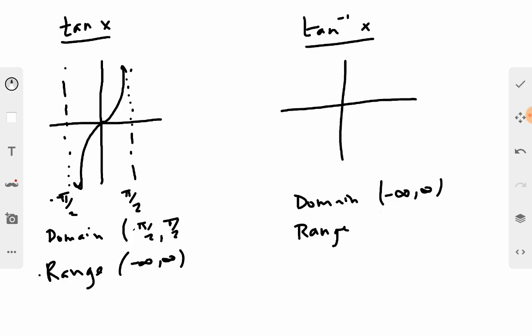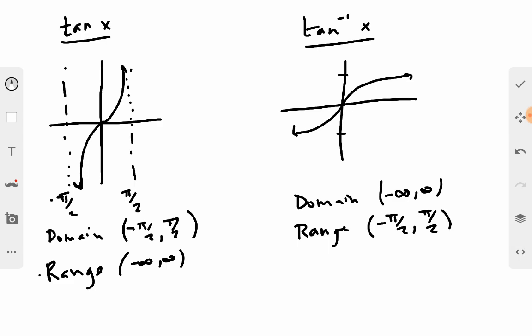Okay, these should be round brackets because we have asymptotes at negative pi over 2. Okay, and so our range is negative pi over 2 to pi over 2. All right, so we're going to have that, and then when we flip this, it's going to look like this and this.